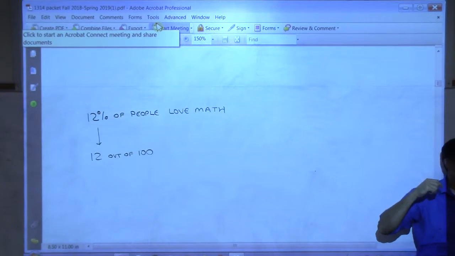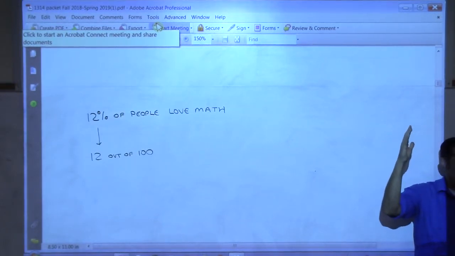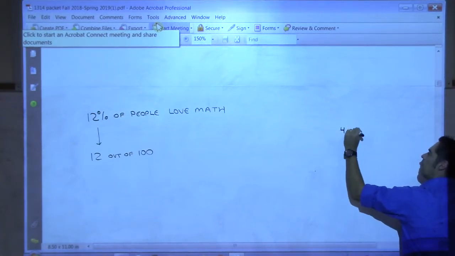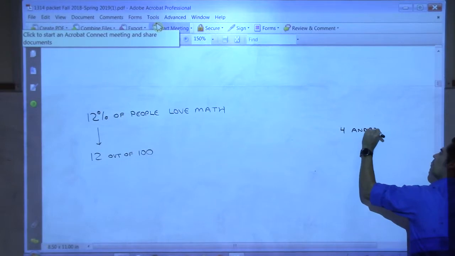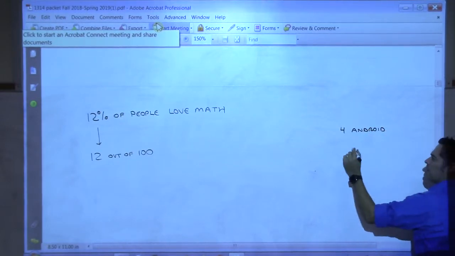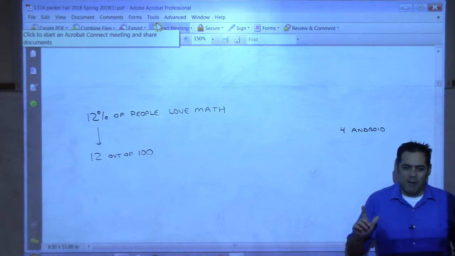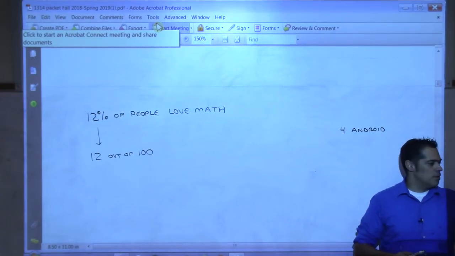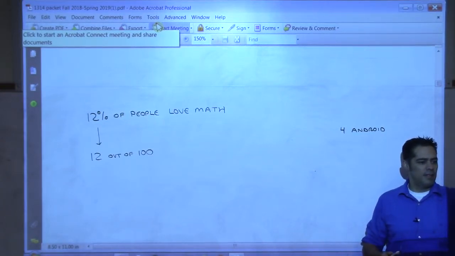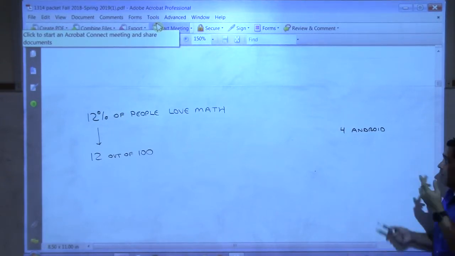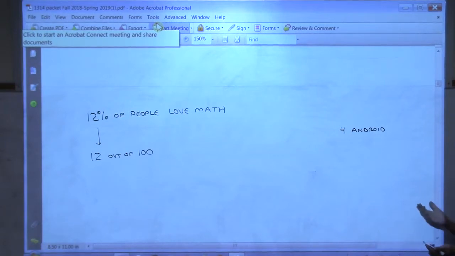Okay, so how many of you own Androids? That's me, I'm in that. So 1, 2, 3, 4. Okay, so we're going to say 4 Android. Let's count the number of students. 1, 2, 3, 4, 5, 6, 7, 8, 9, 10, 11, 12, 13, 14, 15, 19, 20. Oh, good, nice number, 20 of us. There's 20 of us in here.